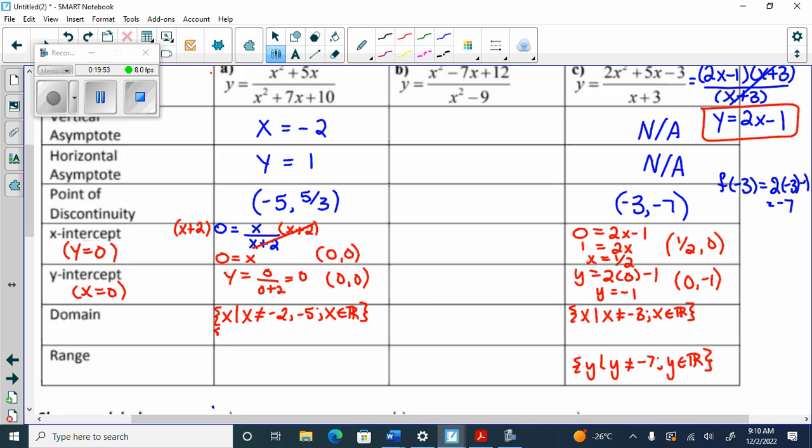And then my range is y such that y can't equal 1 and 5/3. So basically, the moment I ask for the range of this, I'm asking for standard of excellence because I'm making you find the y with my discontinuity, right?